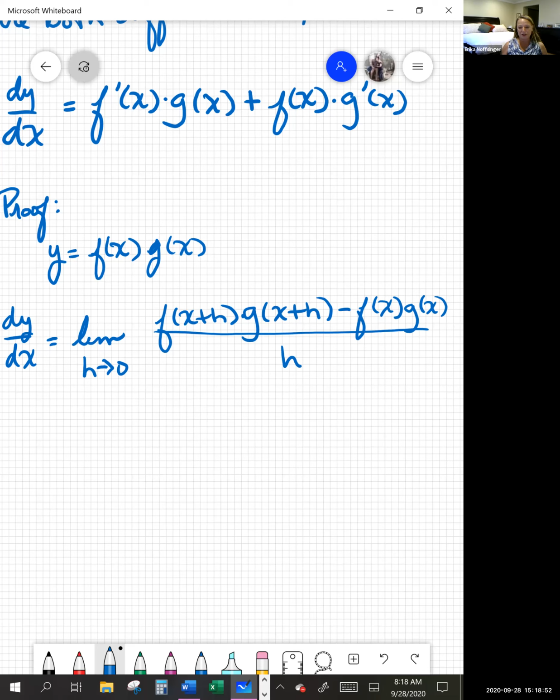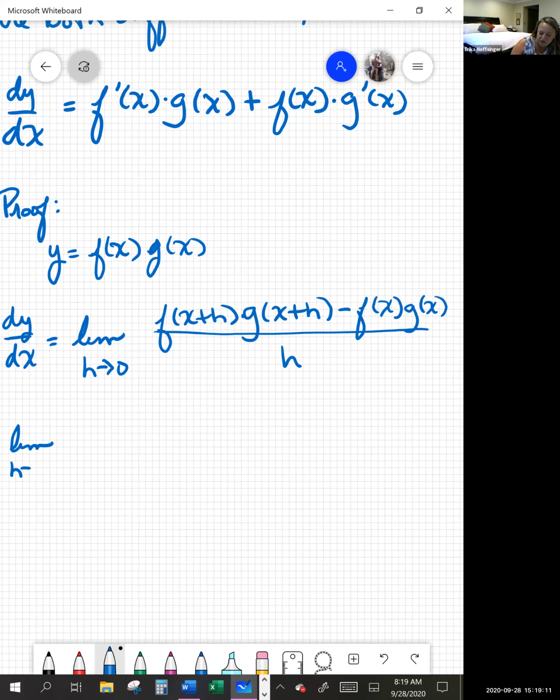A lot of times we like to manipulate our expression or what we're working with so that things will fall out. So we are going to add a funky 0. And so that funky 0 that we're going to have, so we have this limit, we have to bring this down still.